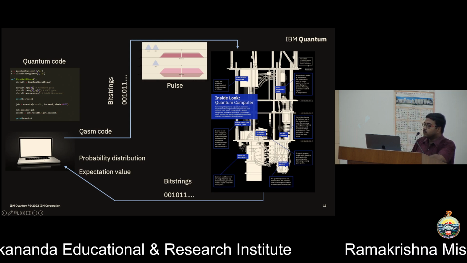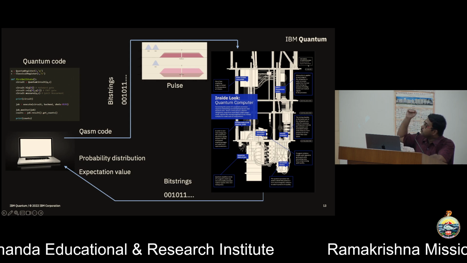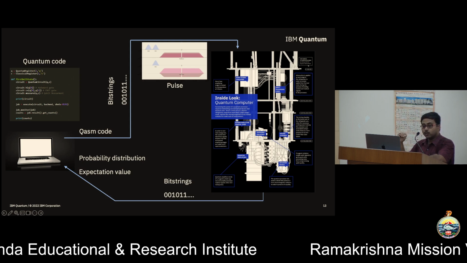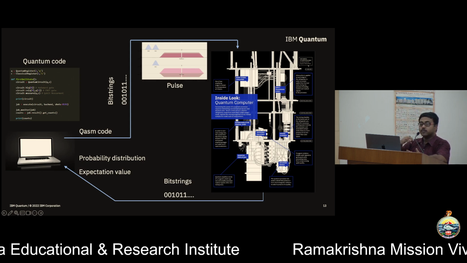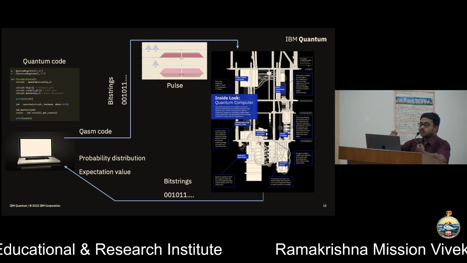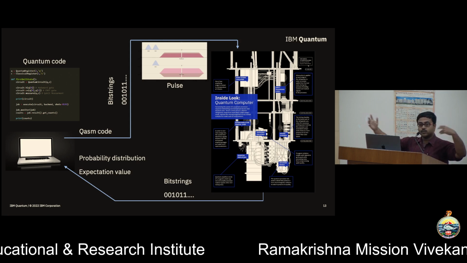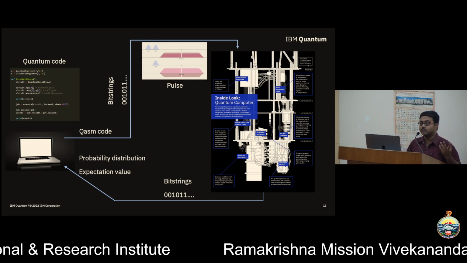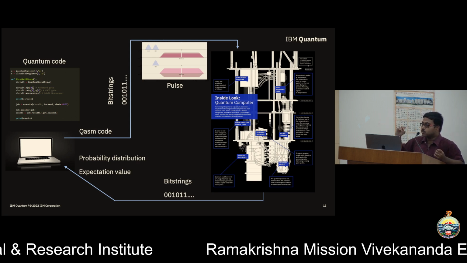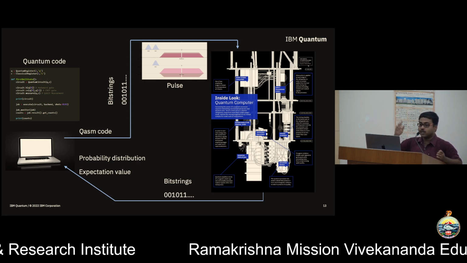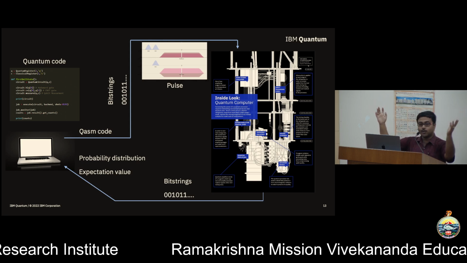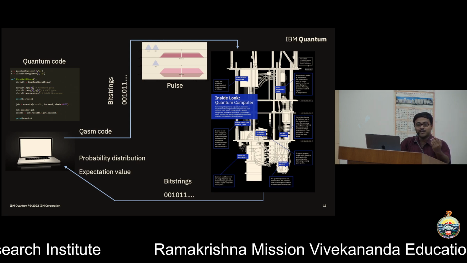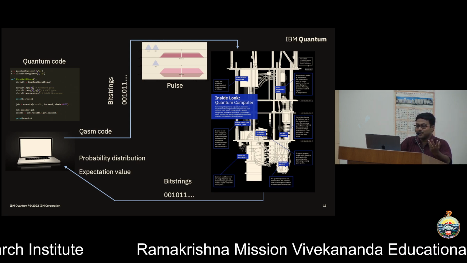So what is this entire thing doing? It is trying to take the temperature down and down, because the moment the temperature is high, the quantum systems will start interacting with everyone. It's like if all of us start talking right now, nobody will be able to hear anyone. That's what quantum systems do. They are very bad students. Everyone talks at the same time and nobody can really hear what is going on.